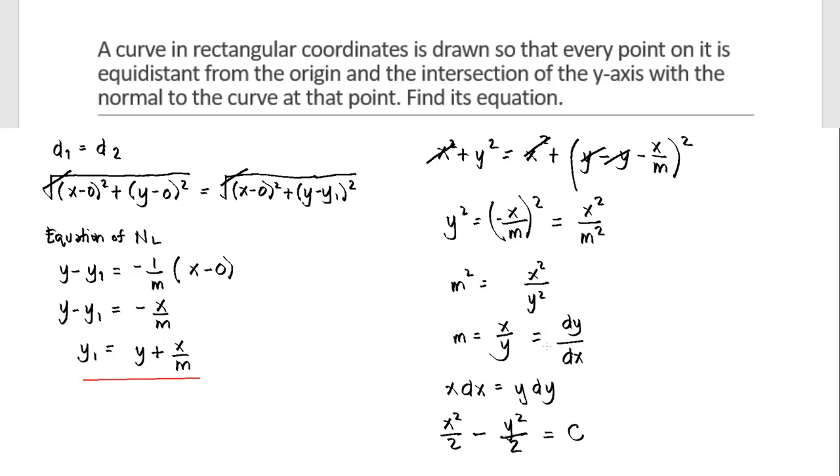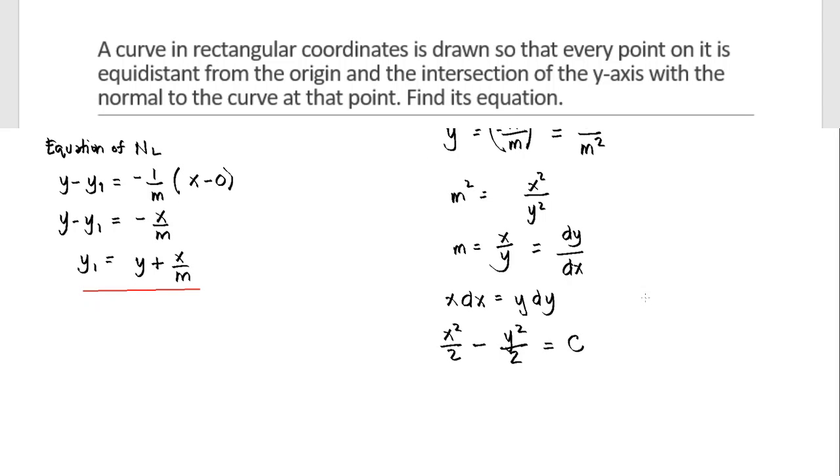Or, we now have the final answer as x squared minus y squared equals c. So that would be our final answer. That is the equation of the curve. Thank you for listening.